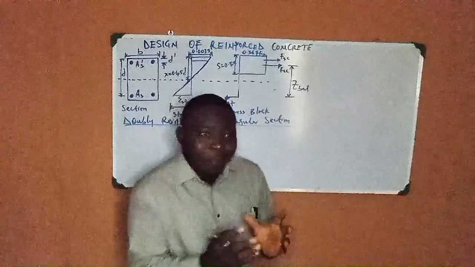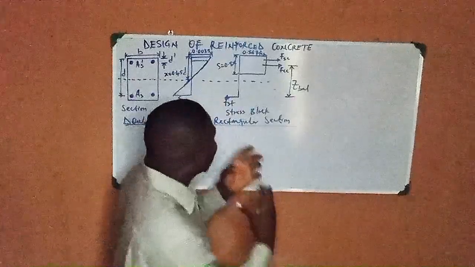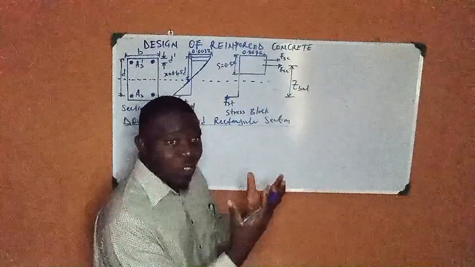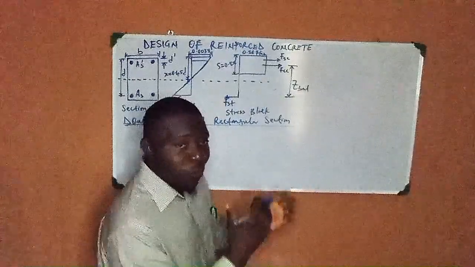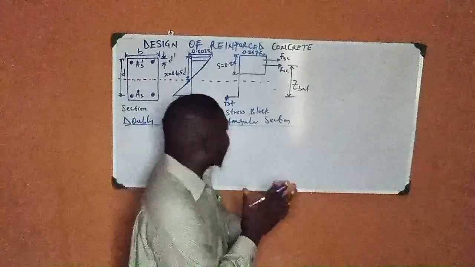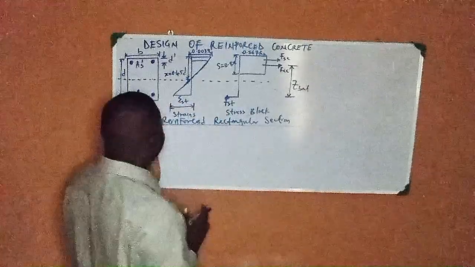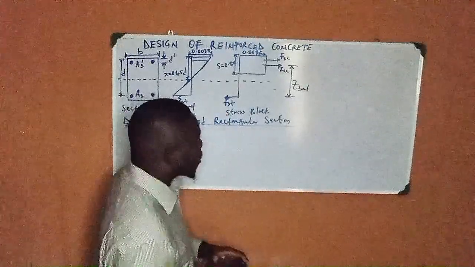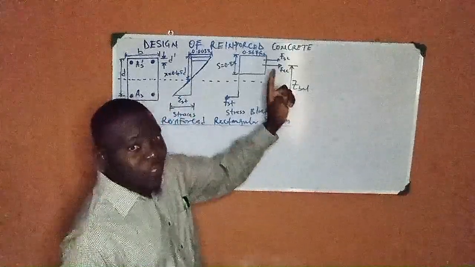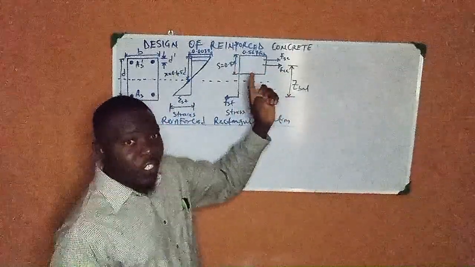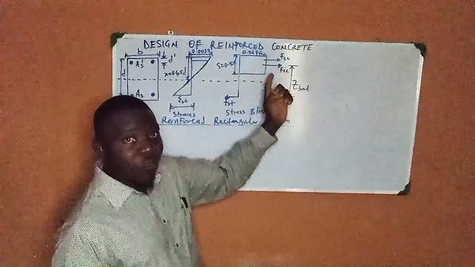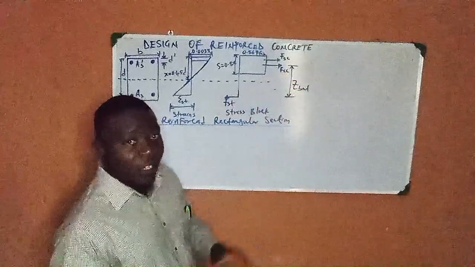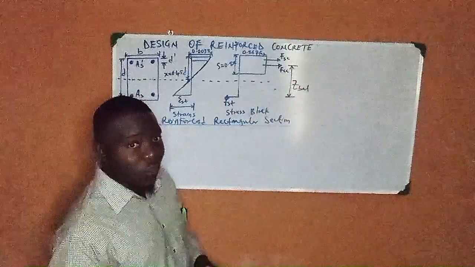So today we are looking at a doubly reinforced rectangular section. Mind you, we are still using our code, European code, Eurocode 2, the design of reinforced concrete structures.